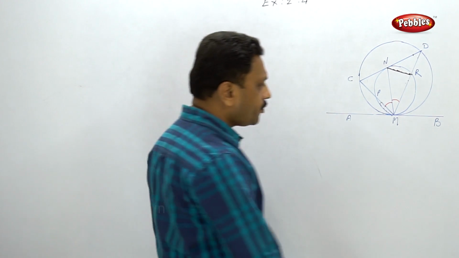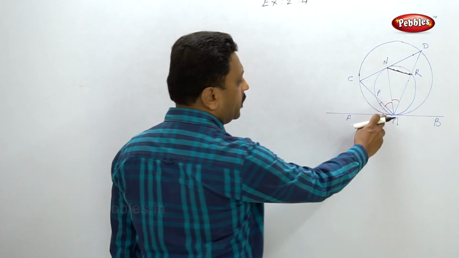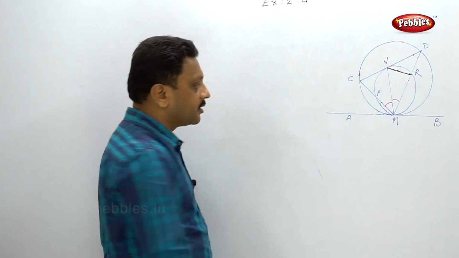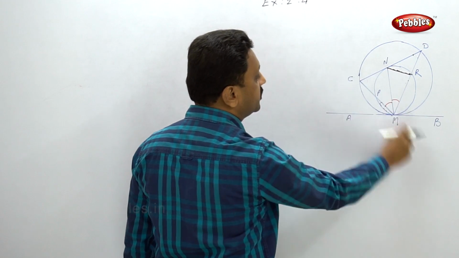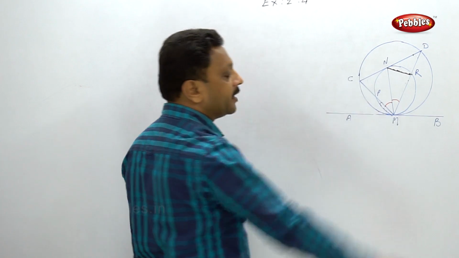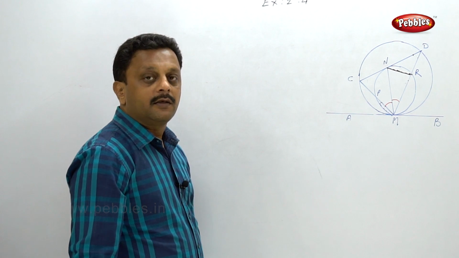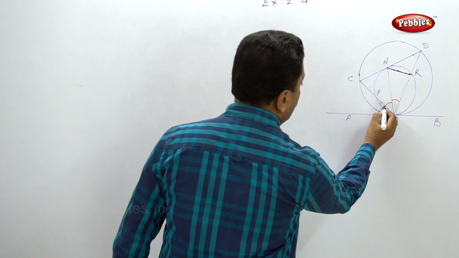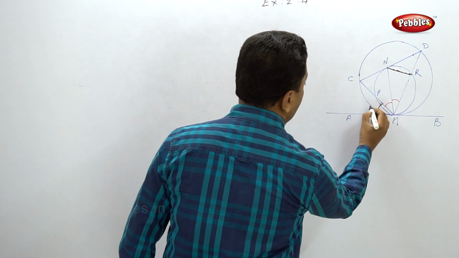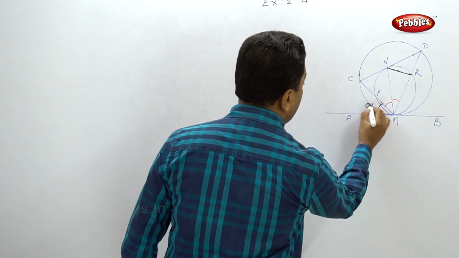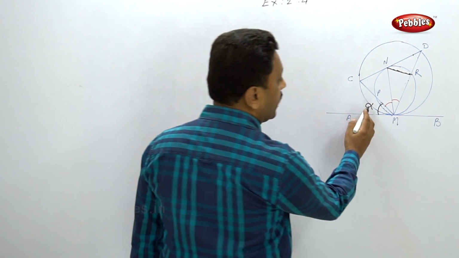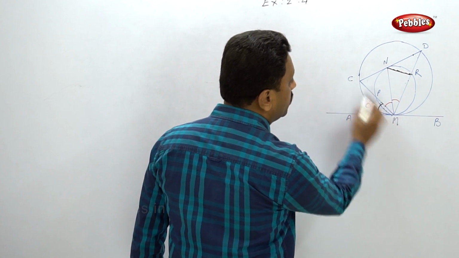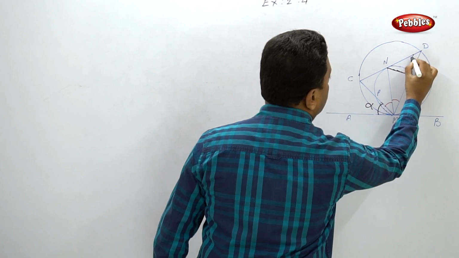First of all, if I am considering the bigger circle, then this line is a tangent, this is a secant, and so angles in the alternate segment. So this angle, I will call angle alpha, is equal to angle beta here.